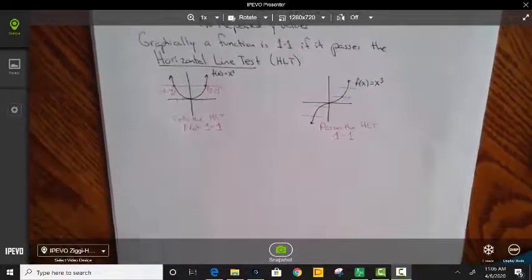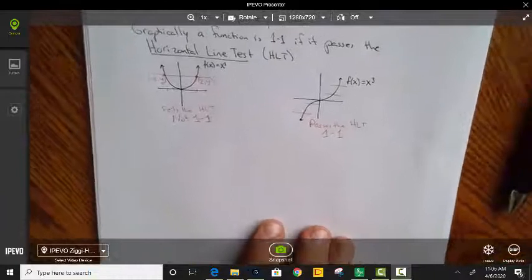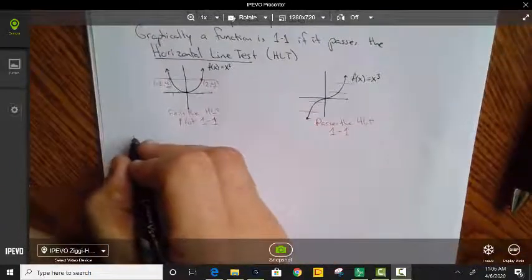This whole concept of one-to-one functions is important for where this lesson is leading to, which is inverse functions.